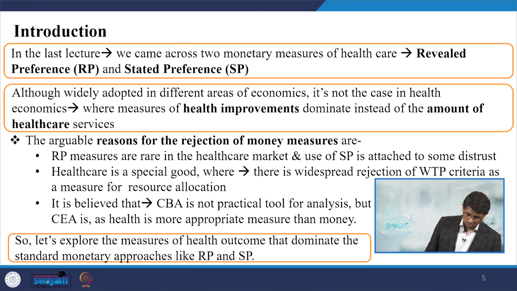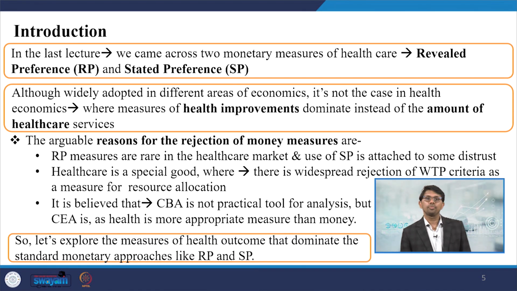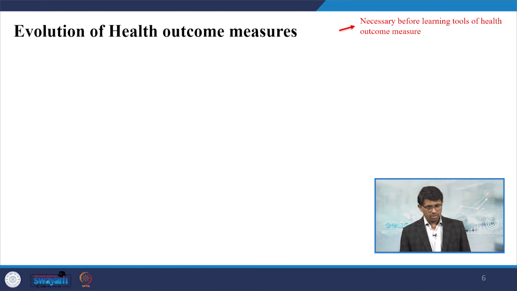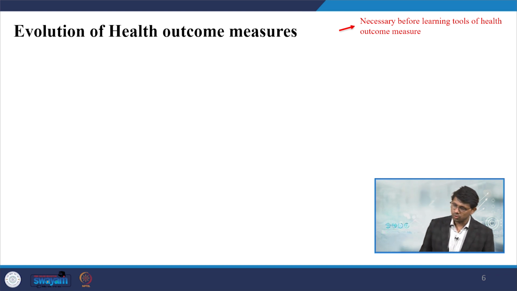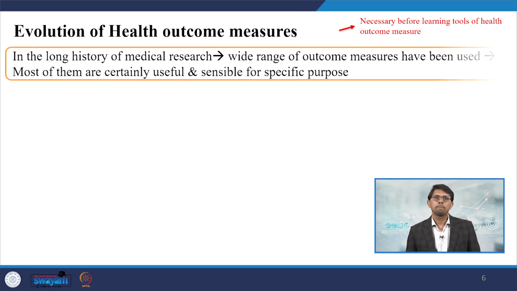So, let us explore the measures of health outcome that dominate the standard monetary approaches like revealed preference and stated preference approaches. As I already mentioned, as part of our learning goal, we will discuss its evolution, and this is necessary before learning the tools of health outcome measures.